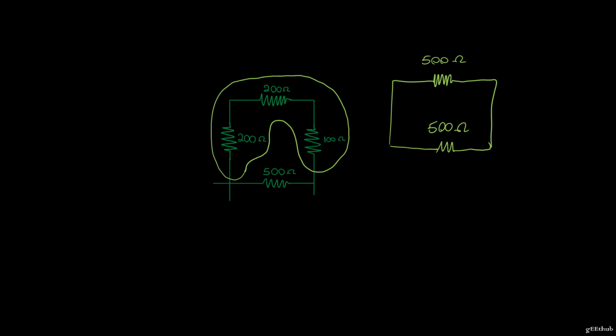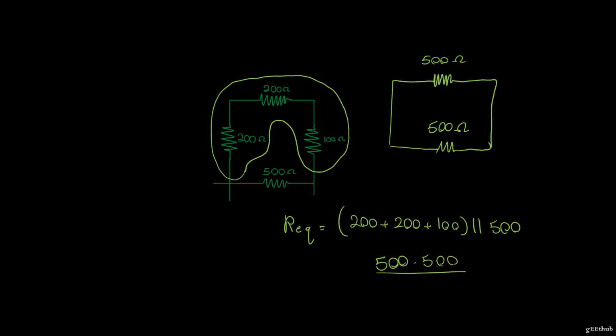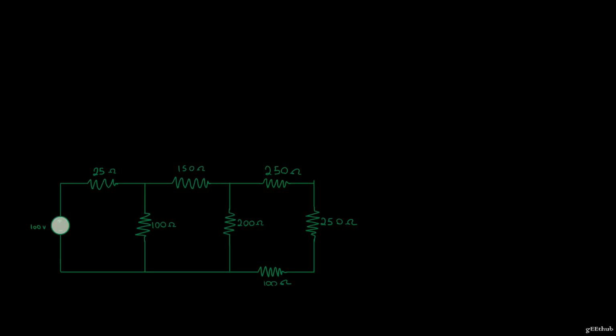So the equivalent resistance is going to be 200 plus 200 plus 100 in parallel with 500. So that's going to give us 500 times 500 divided by 500 plus 500. So we're getting a 250 ohm resistor for all these 4 resistors here. That 500 ohm resistor with the series resistor across it is replaced with this 250 ohm resistor here.